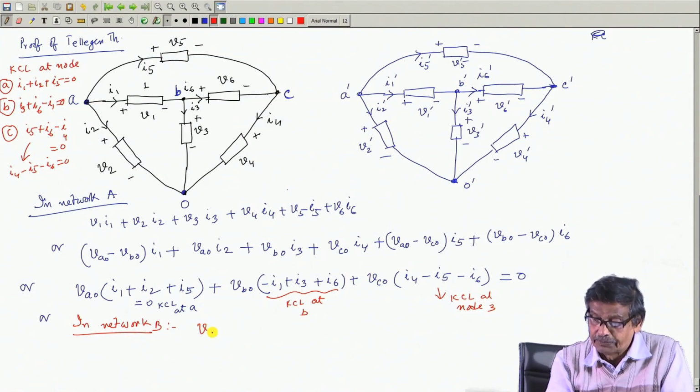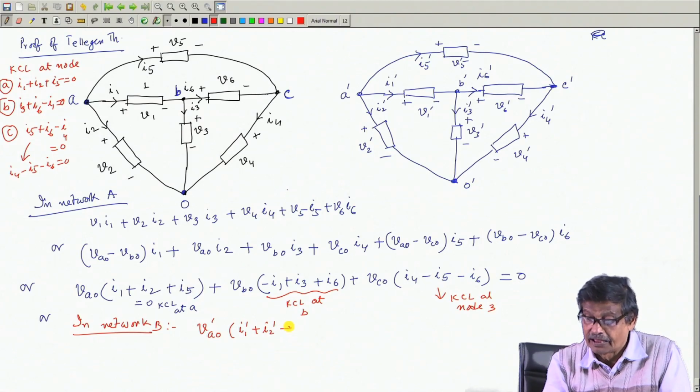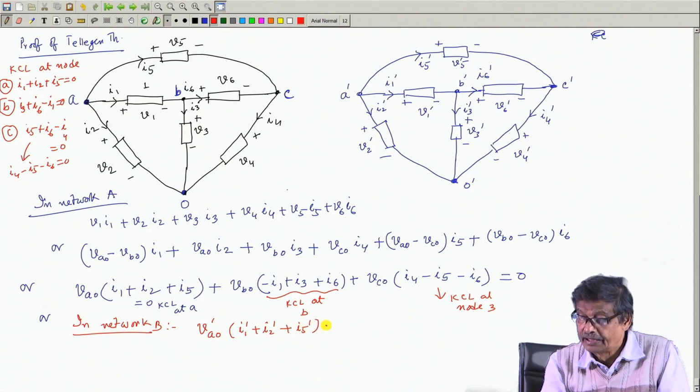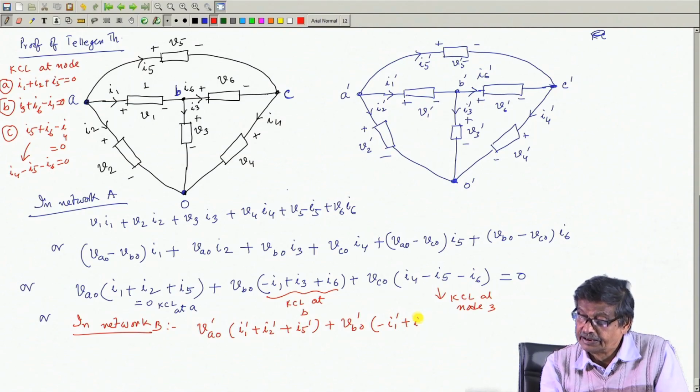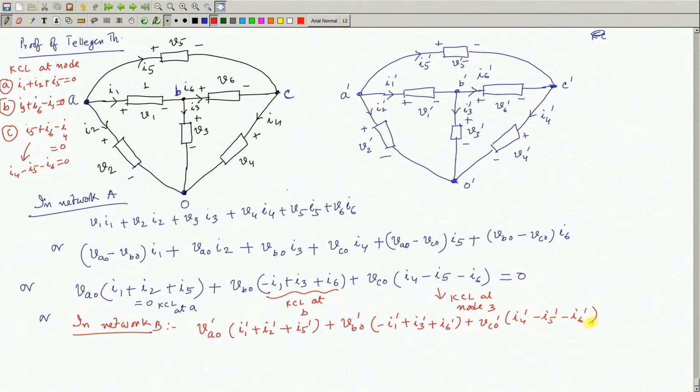So, you will get the same thing if you apply it, only they will become primed, that is I 1 dashed plus I 2 dashed plus I 5 dashed, then plus V B dashed into minus I 1 dashed plus I 3 dashed plus I 6 dashed, and plus V C dashed into I 4 dashed minus I 5 dashed minus I 6 dashed.